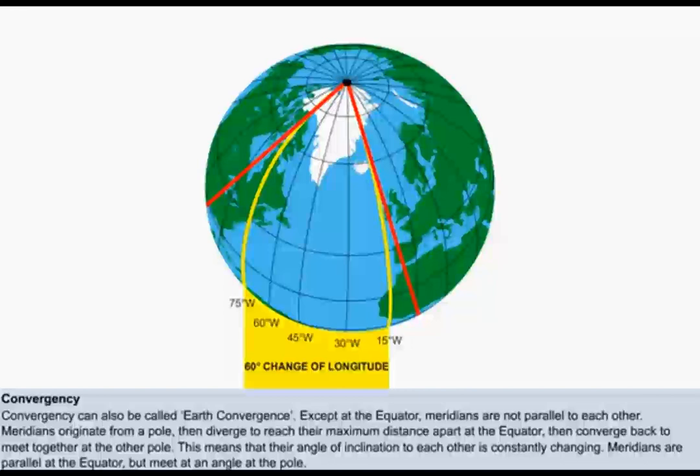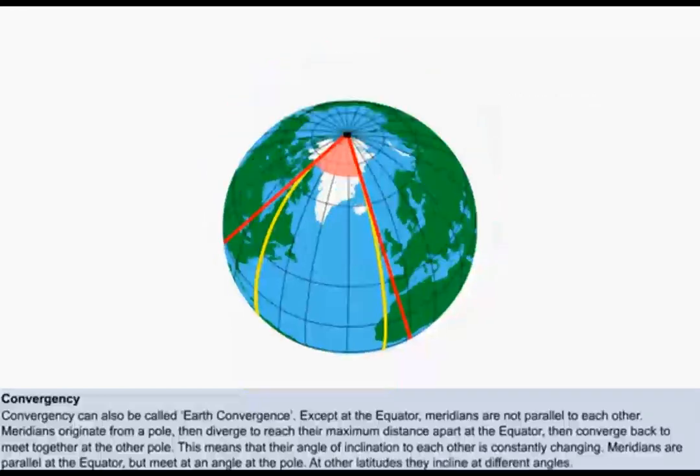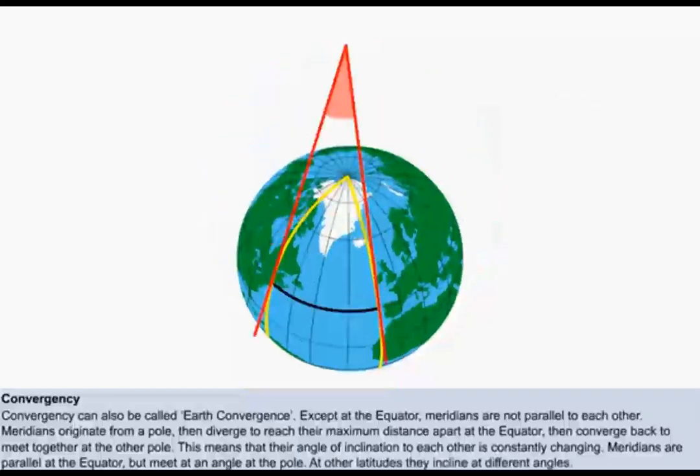Therefore, their angular difference is the same as their change in longitude. At some intermediate latitude, neither polar nor equatorial, the tangents meet in space at some intermediate angle, neither 0 nor the full change of longitude.